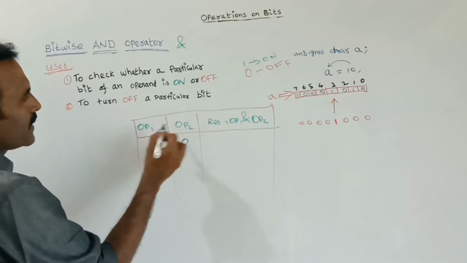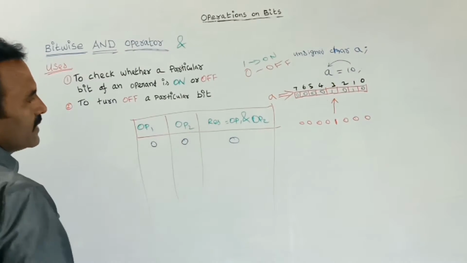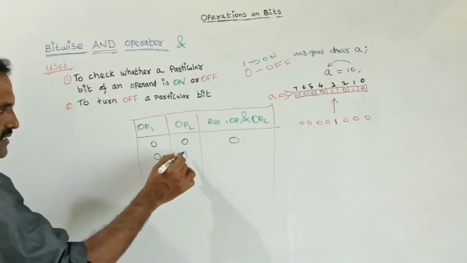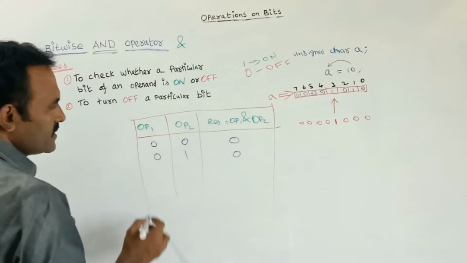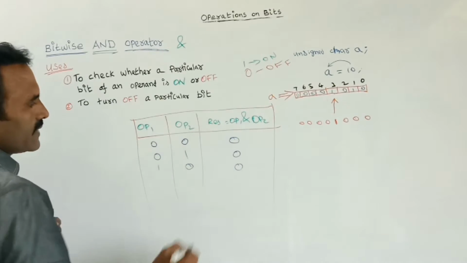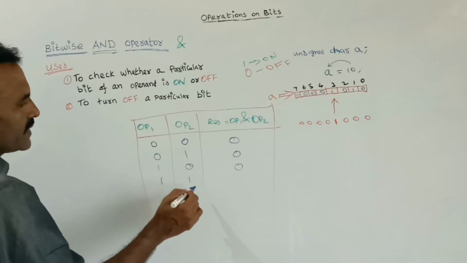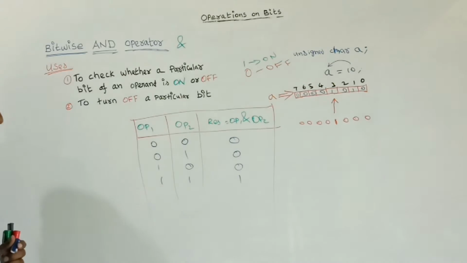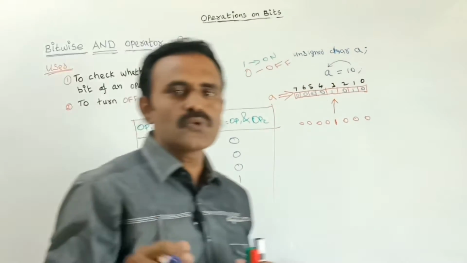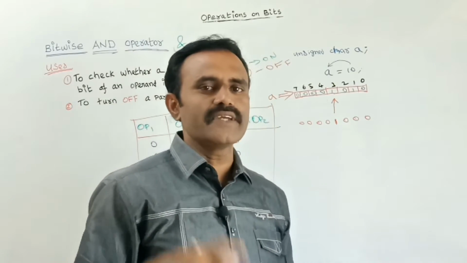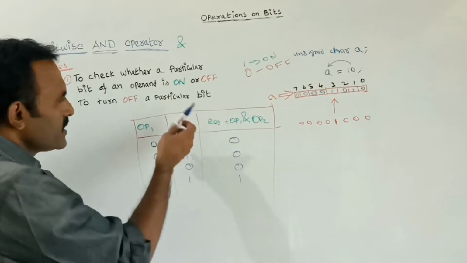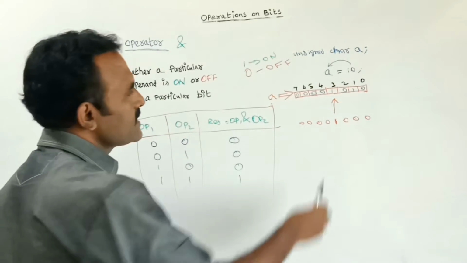If the first operand is 0 and the second is 1, the result is also 0. If the first operand is 1 and the second is 0, the result is 0. If both operands are 1, then the result is true. For bitwise AND, if both operands are true, then the result is true. Otherwise, if any one of the operands is false, the result will be false. So by using this truth table, we can calculate. This is the mask value.